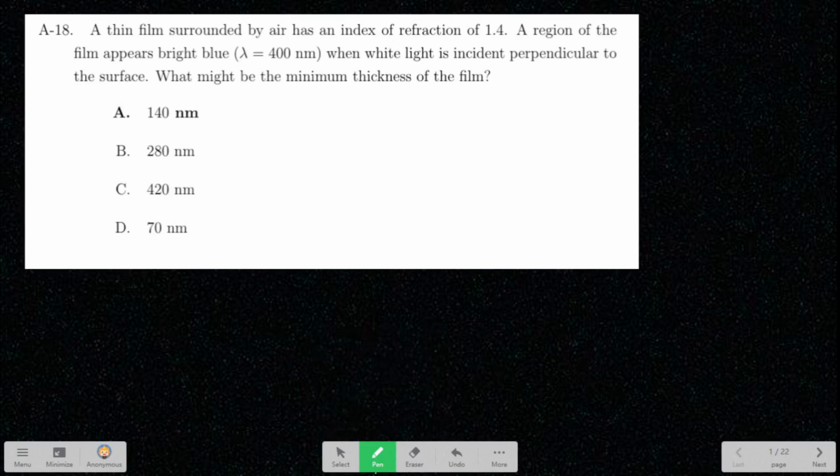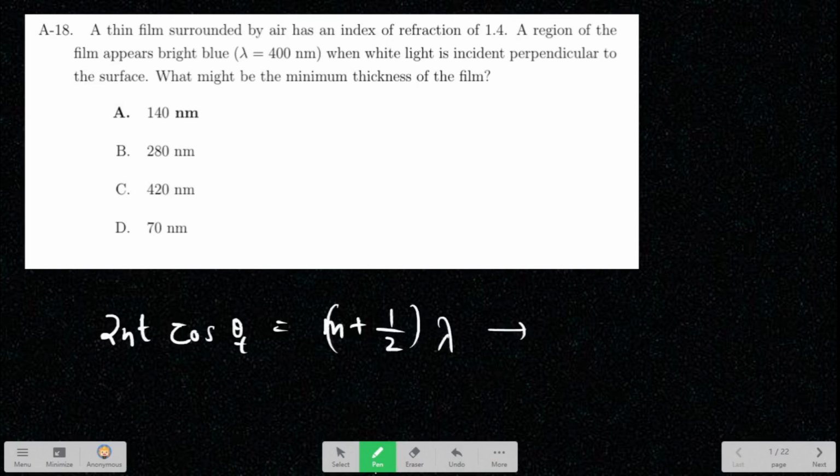The condition for constructive interference in thin film is 2nt cos theta t is equal to (m plus 1/2) lambda. This is the condition when there is only one phase shift.